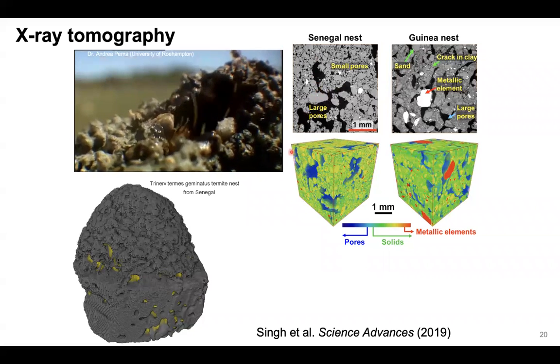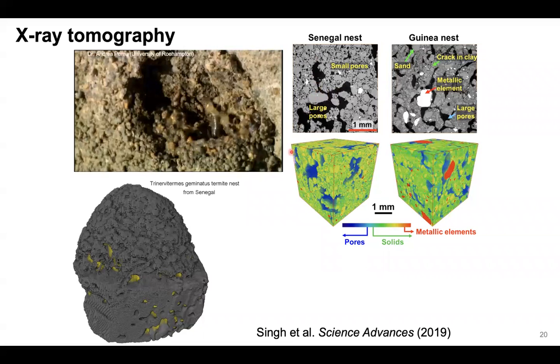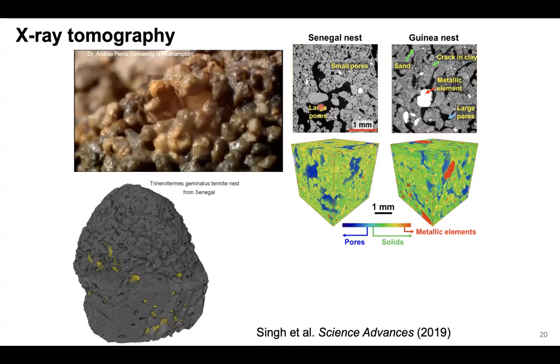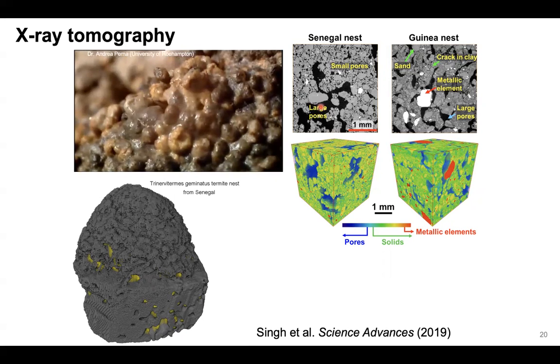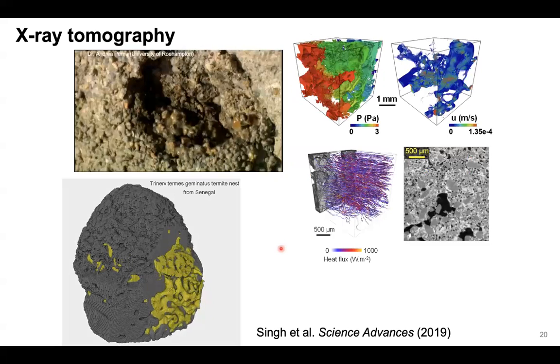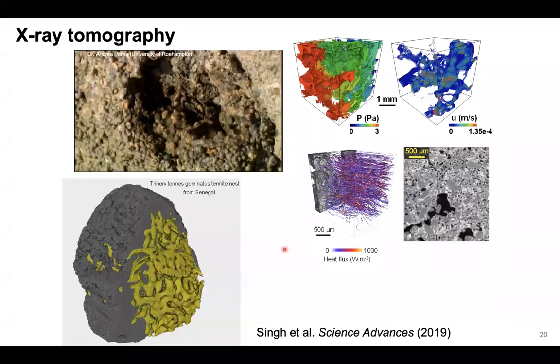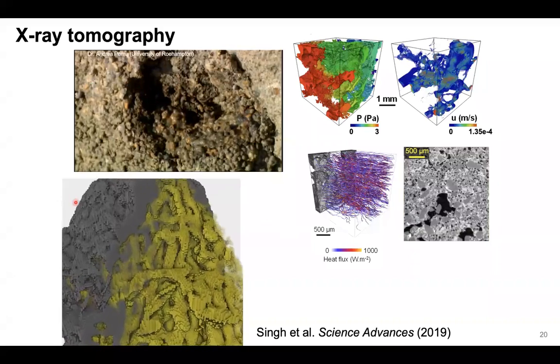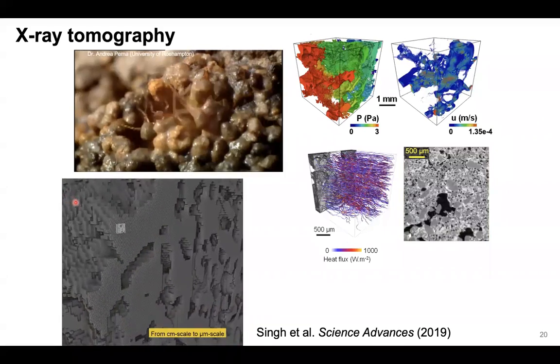But that's interesting. It turned out it's not intentionally made; it comes from a geometrical packing problem. But we were curious if there's any benefit of these larger pores to the nest. So we did quite a lot of simulations on thermoregulation and ventilation, and it turned out that if the wind is flowing outside the nest, the larger pores easily help the nest to ventilate.